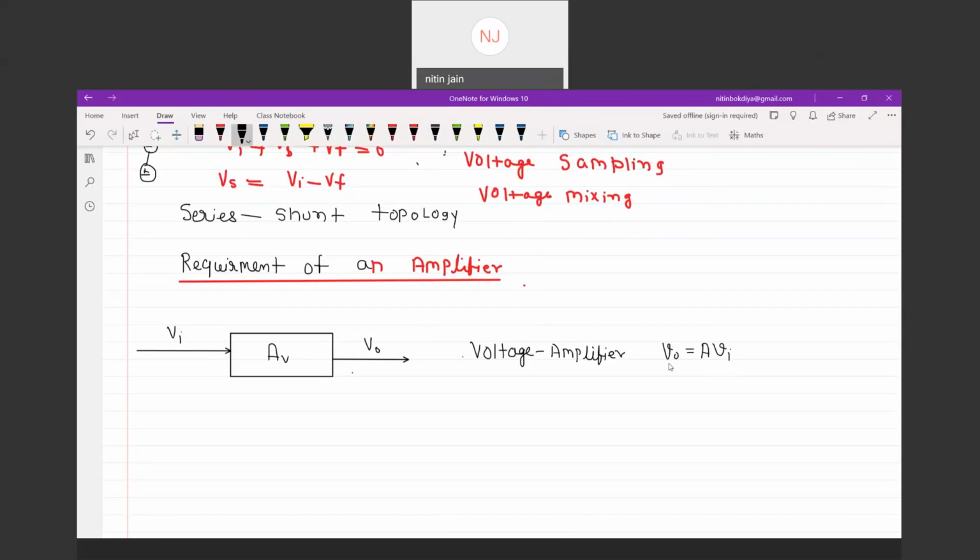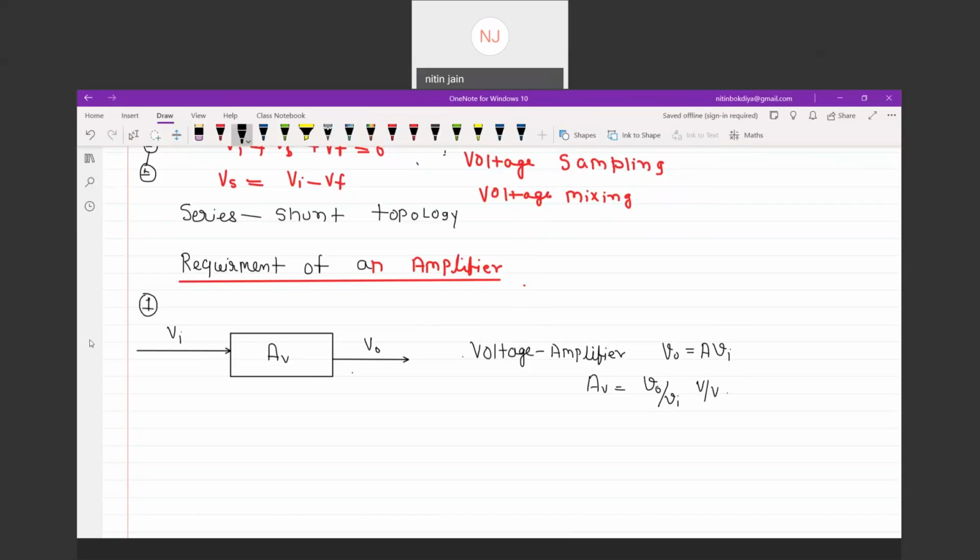So A is Vout divided by Vin, volt by volt. This is the first amplifier.